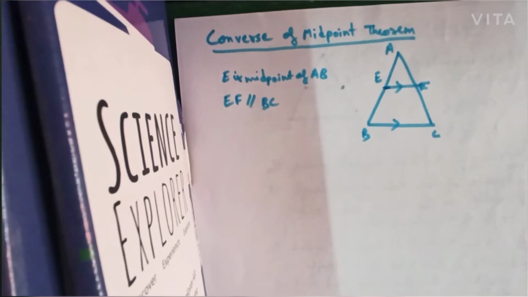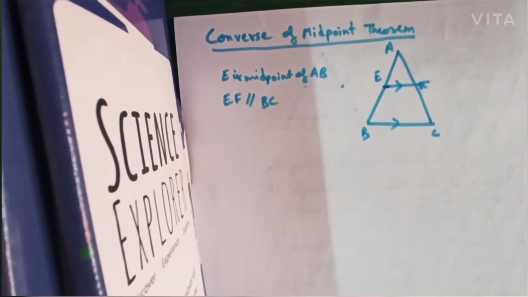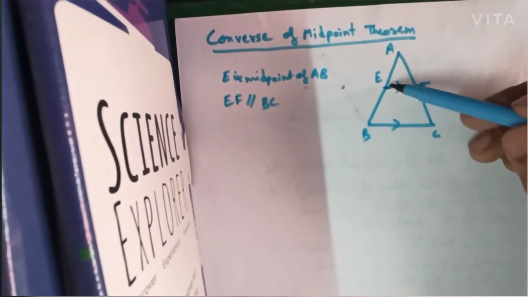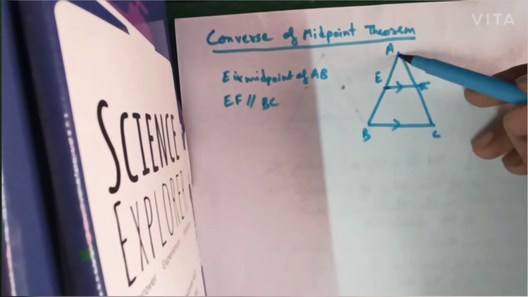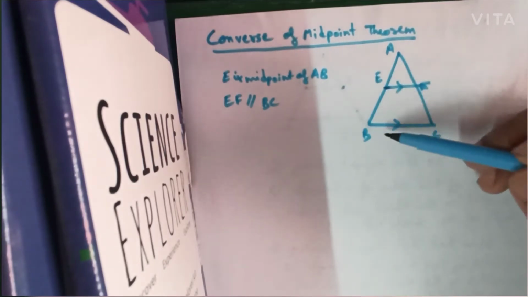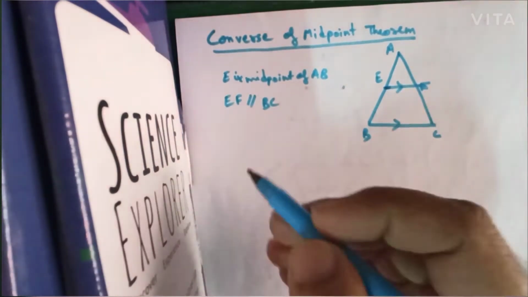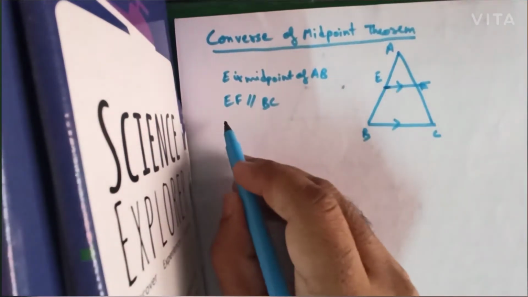We are given that E is the midpoint of AB and EF is parallel to BC. Means a line segment drawn from the midpoint of one side of a triangle parallel to the second side of the triangle, that is, drawn from the midpoint of AB parallel to the second side BC, will bisect the third side.